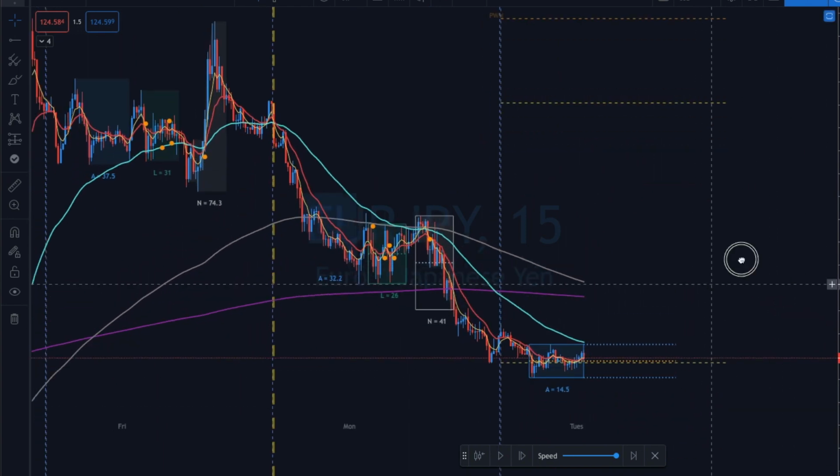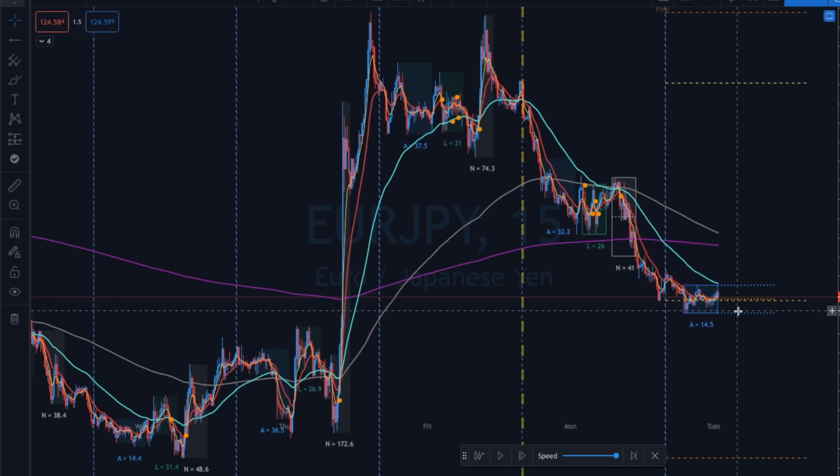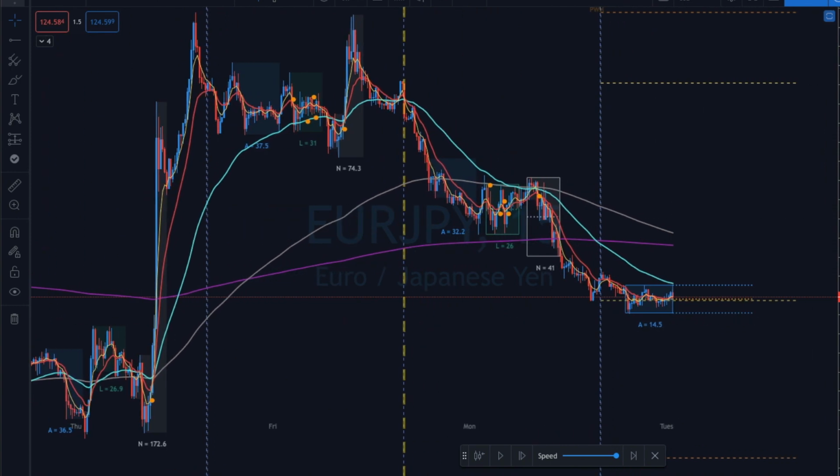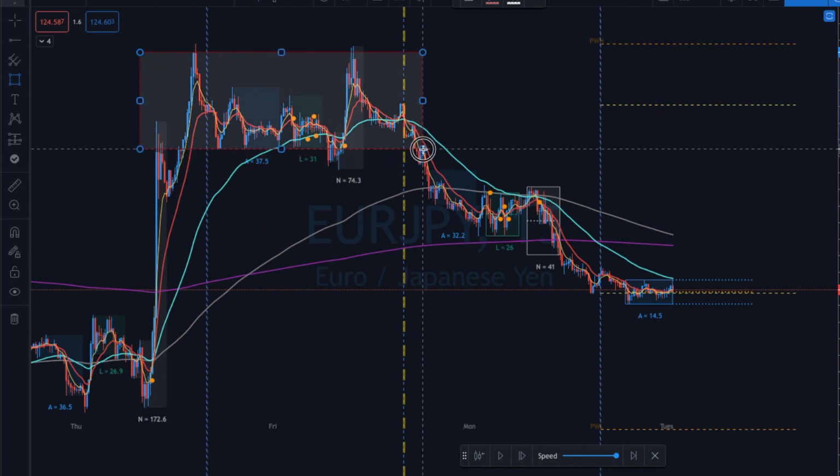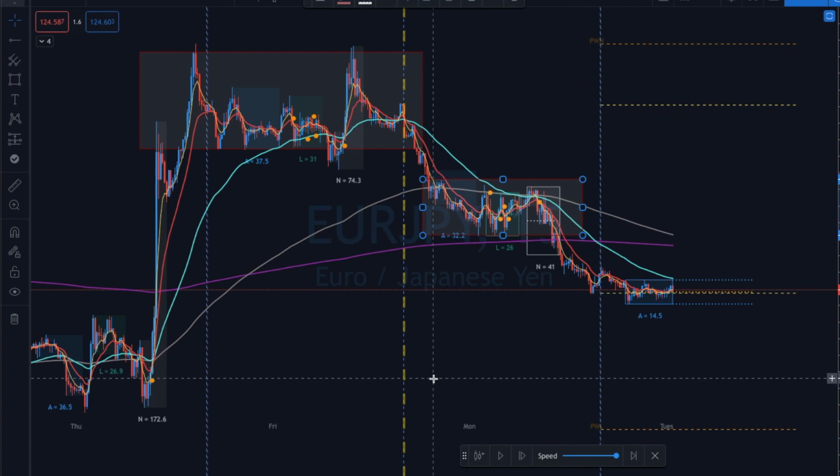So what do we know so far, when we're looking at the structure here, as far as what directional bias we should have on this Tuesday coming up for the London session, right? Immediately for me, what I see is this structure here, and then this structure that was created basically on Sunday, Monday.